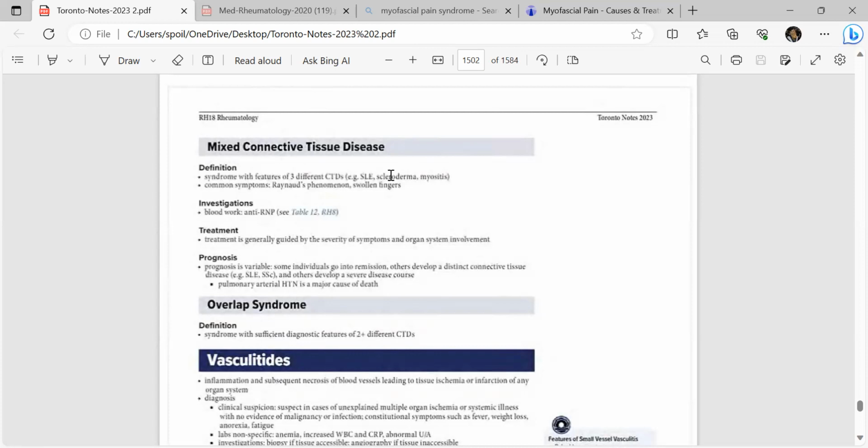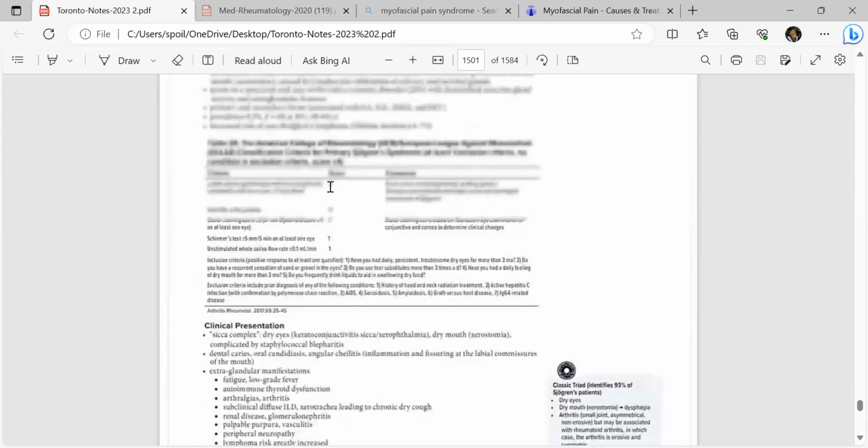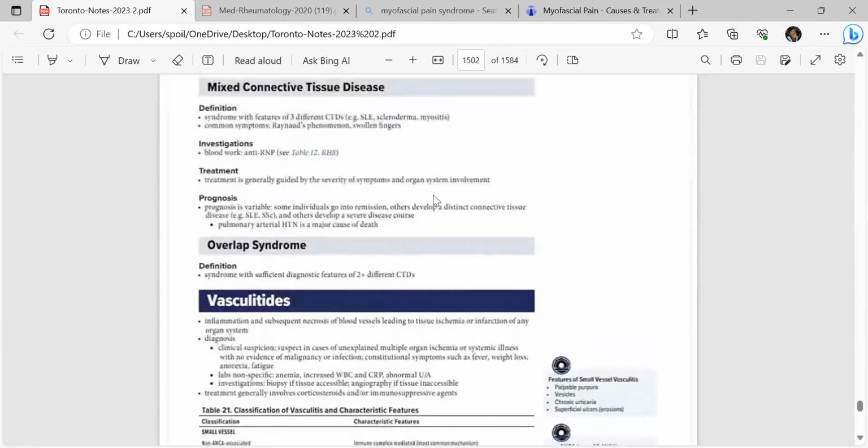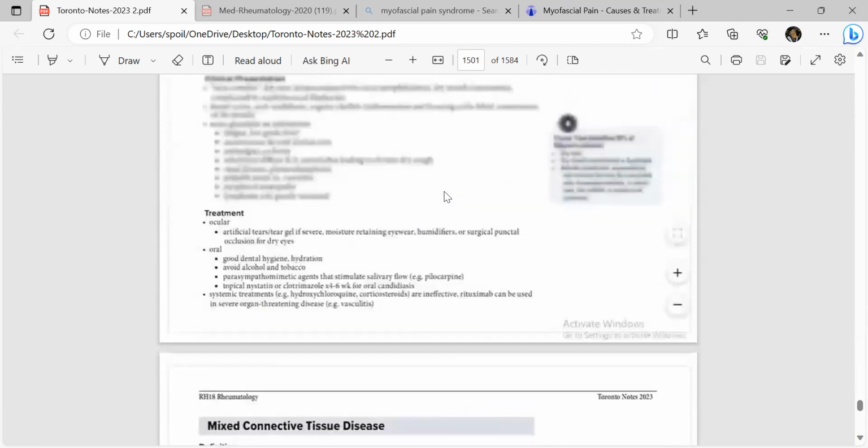Pulmonary arterial hypertension is the major cause of death. So it's a combination of SLE, scleroderma, and myositis, with Raynaud phenomenon and swollen fingers as common symptoms.